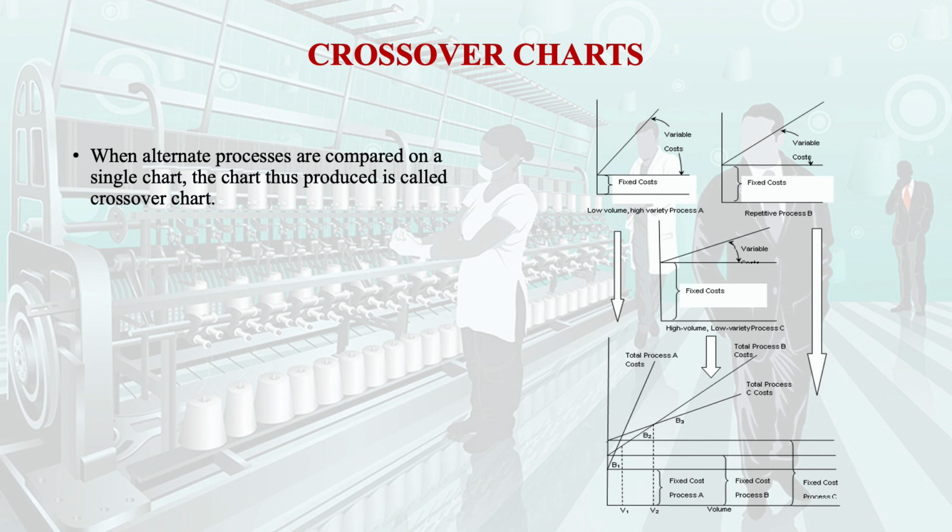So we can define the break-even point on two different charts. But if we combine both charts, as you see at the bottom, you will get a combined chart for two processes for the same product. That is called a crossover chart.